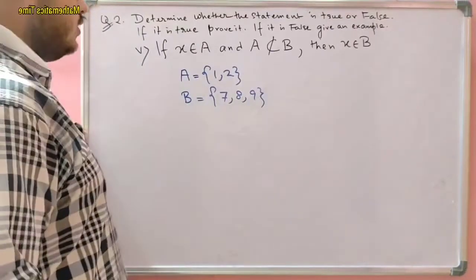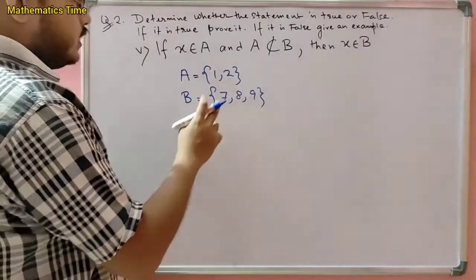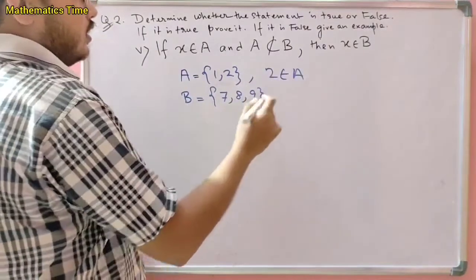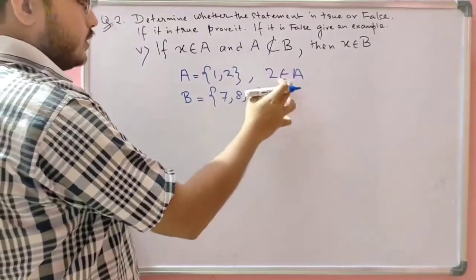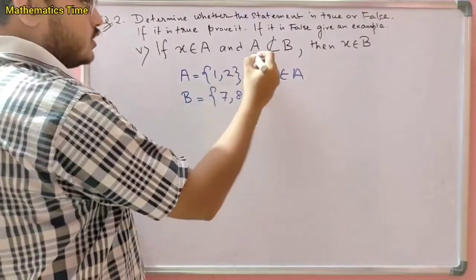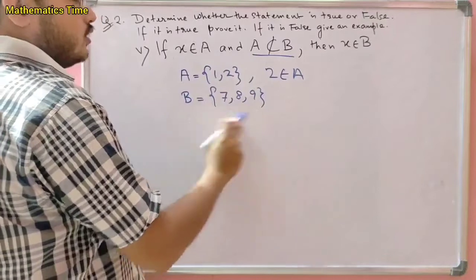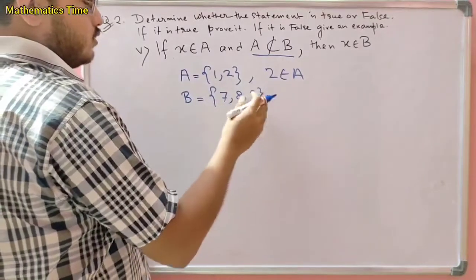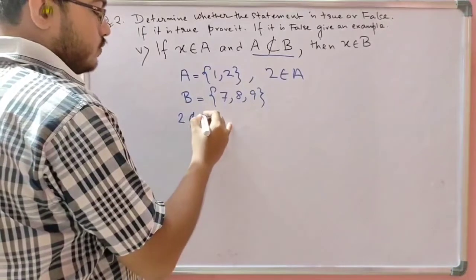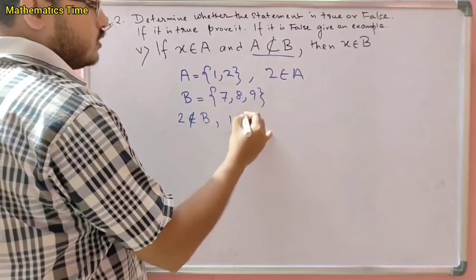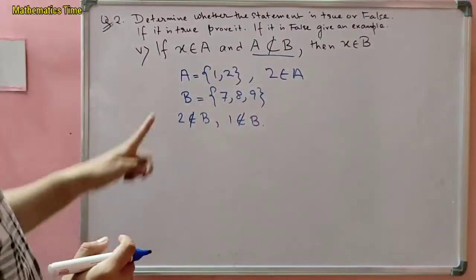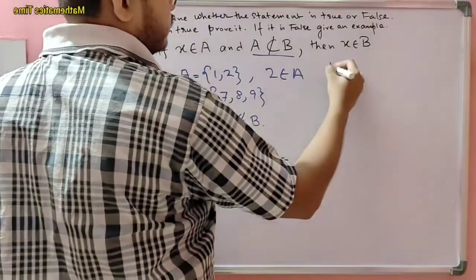Clearly 2 belongs to A, and this condition also satisfies that A is not a subset of B. We can see that 2 does not belong to B, neither does 1. Neither 1 nor 2 is an element of B. So the statement is false.